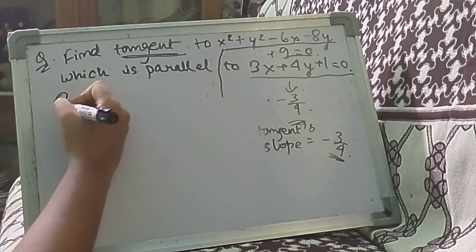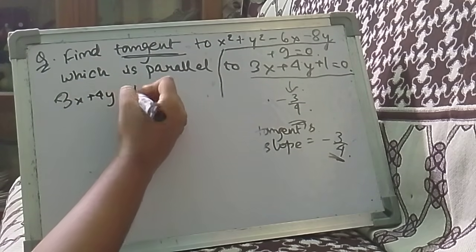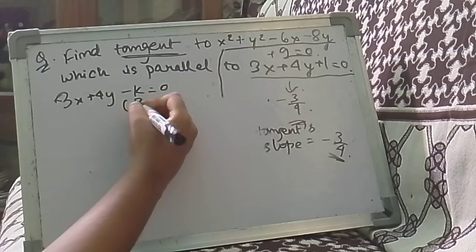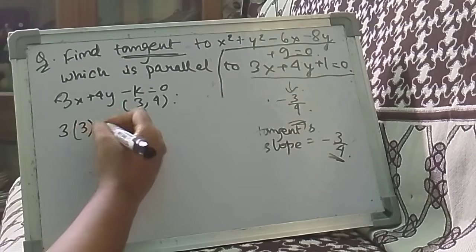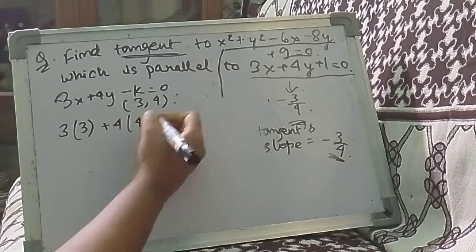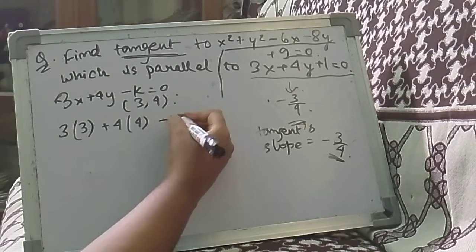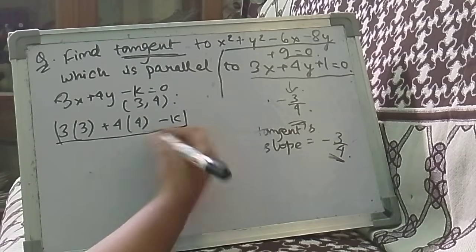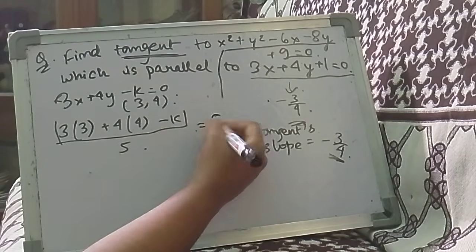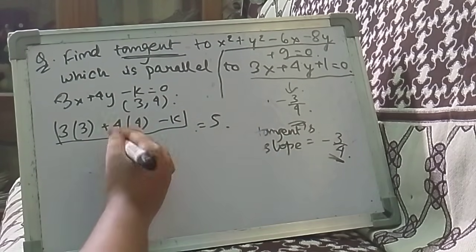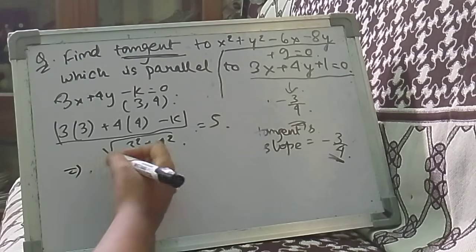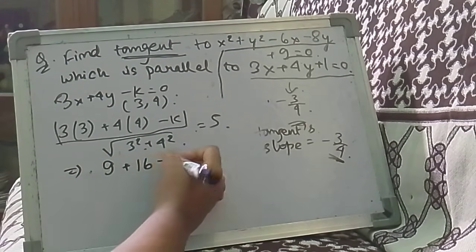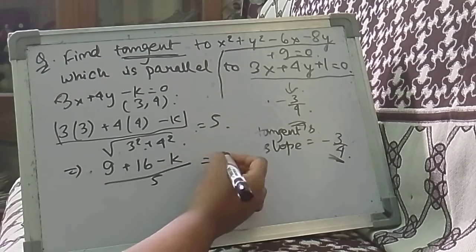The equation was 3x plus 4y minus k equals to 0, and the point was 3, 4. So 3 into 3 plus 4 into 4 minus k divided by 5 is equal to 5. This came from under root of 3 square plus 4 square. So this becomes 9 plus 16 minus k by 5 equals to 5.